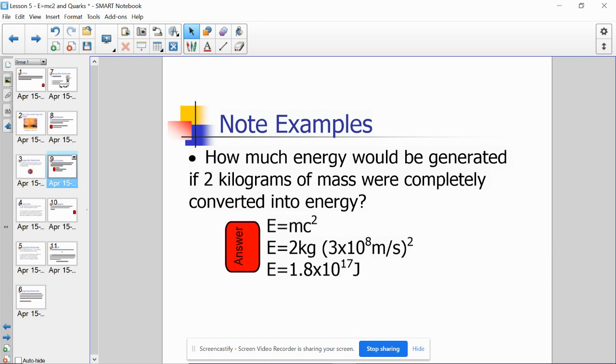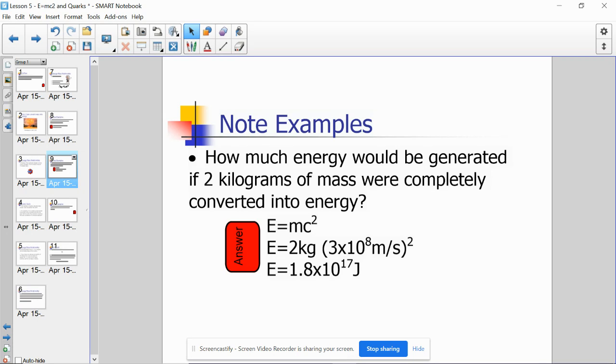All we would do is plug it into the typical E equals mc squared equation, and you have 1.8 times 10 to the 17 joules of energy. That is tremendous. When we talk about, say, a horsepower being about 720 watts, that's 720 joules per second, and that's a 1 horsepower engine.